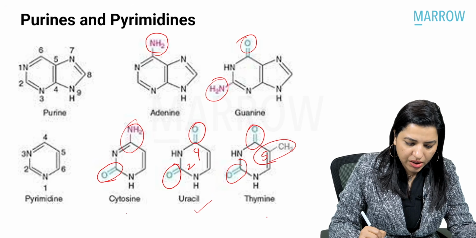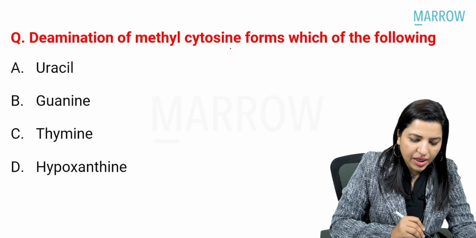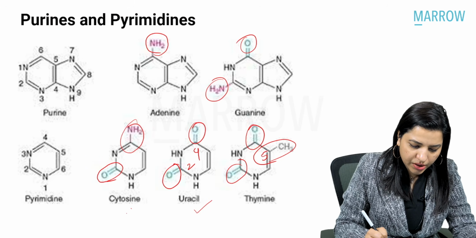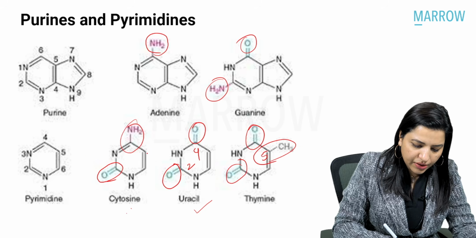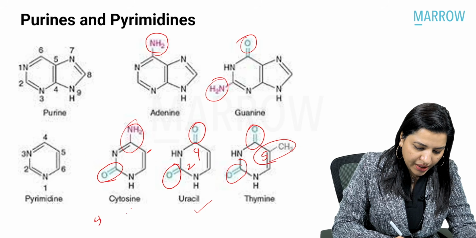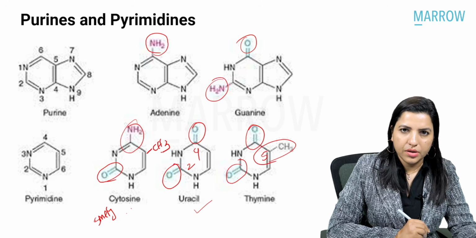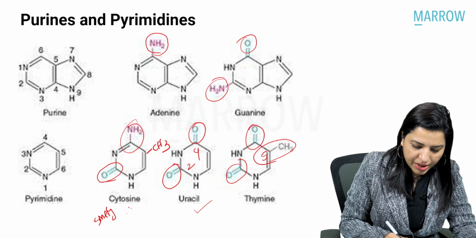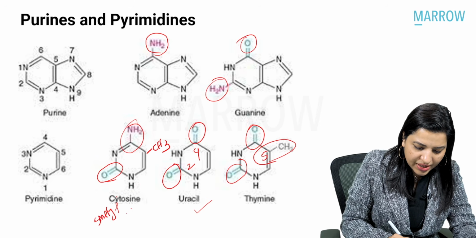So the question here is 5-methyl cytosine, which means there is a methyl group here at position 5. Now this 5-methyl cytosine is deaminated. So let this be 5-methyl cytosine.